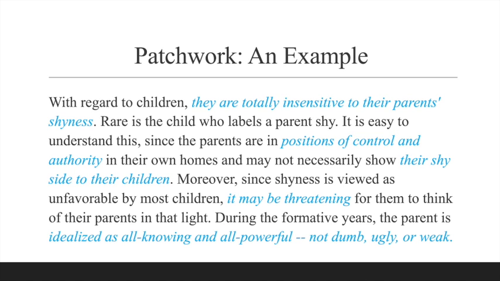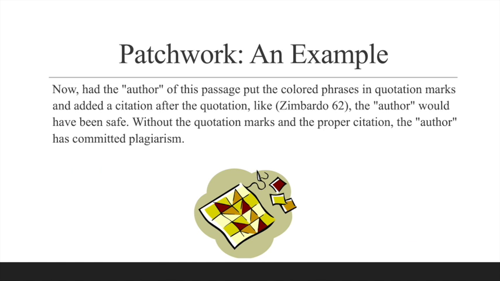So for example, in this paragraph, several of the phrases or portions of the paragraph that are in blue were taken word for word from the original work, but we notice that no citation has been given.